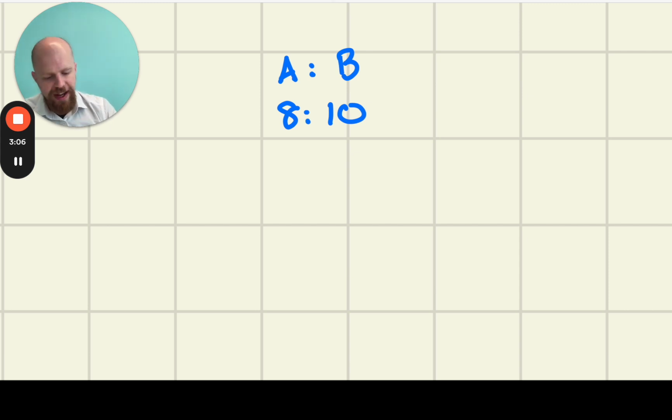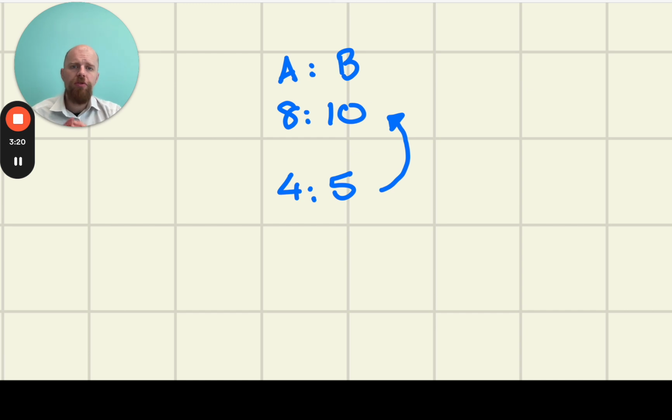If I simplify it down, I get 4 to 5. That means that for every 4 sweets person A gets, person B gets 5 sweets. But if I did it twice, I would still get 8 to 10. By simplifying ratios, you're not actually changing the proportion of the sweets. All we're doing is writing it in a much easier form.